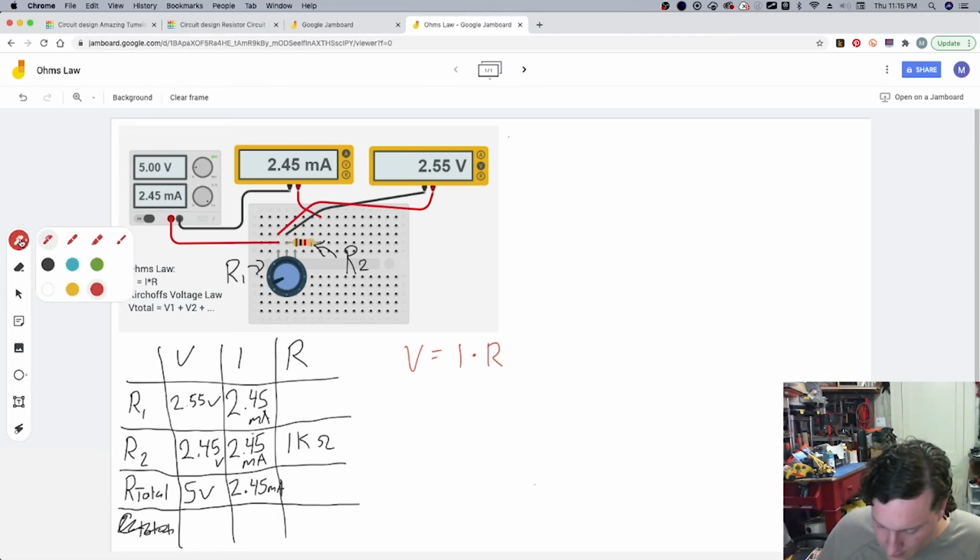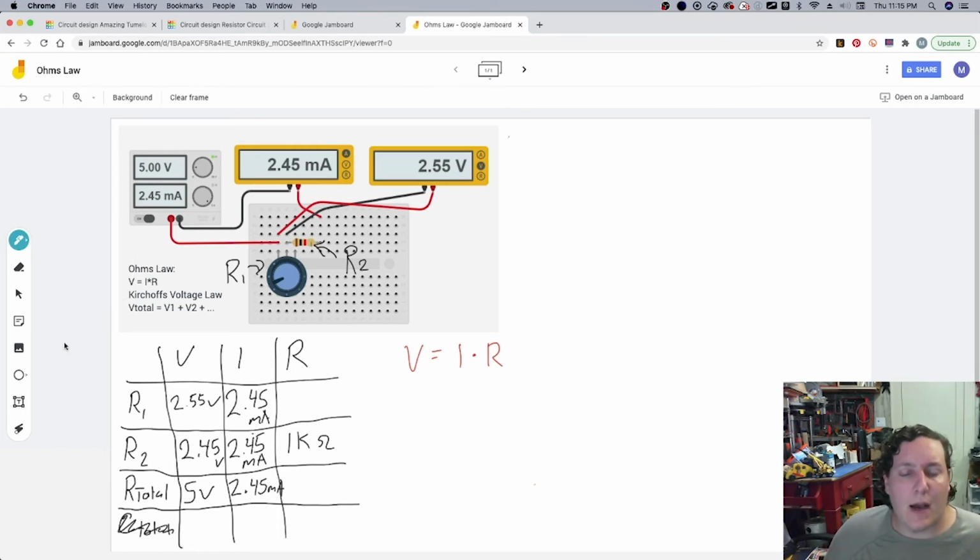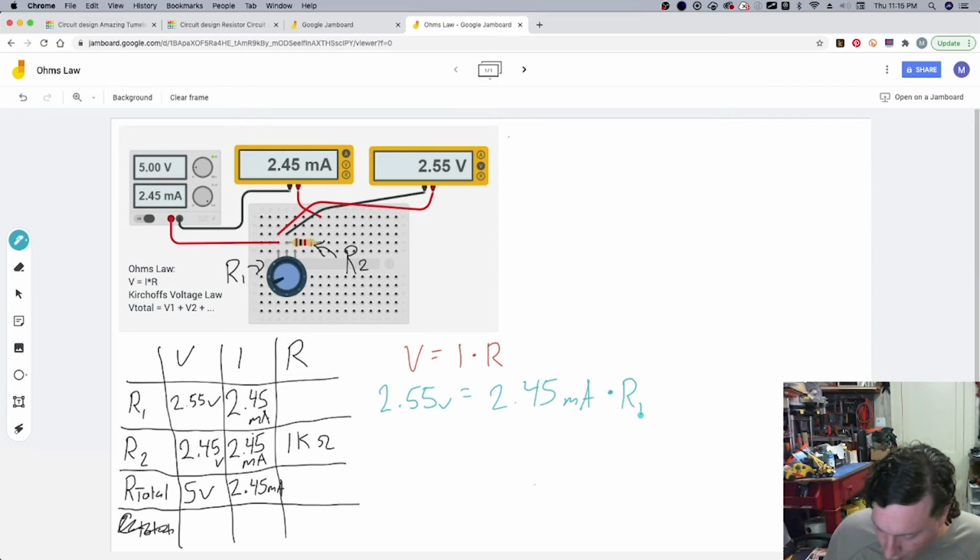What's next is we can take our pick of which one we want to go for. I think we might be a little better off using Ohm's Law to figure out that R1 value. So 2.55 volts equals 2.45 milliamps times the resistance of R1.